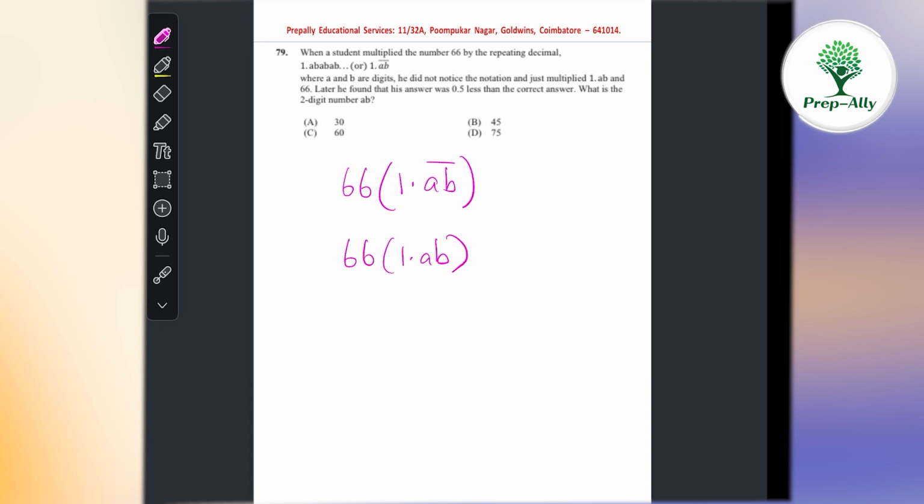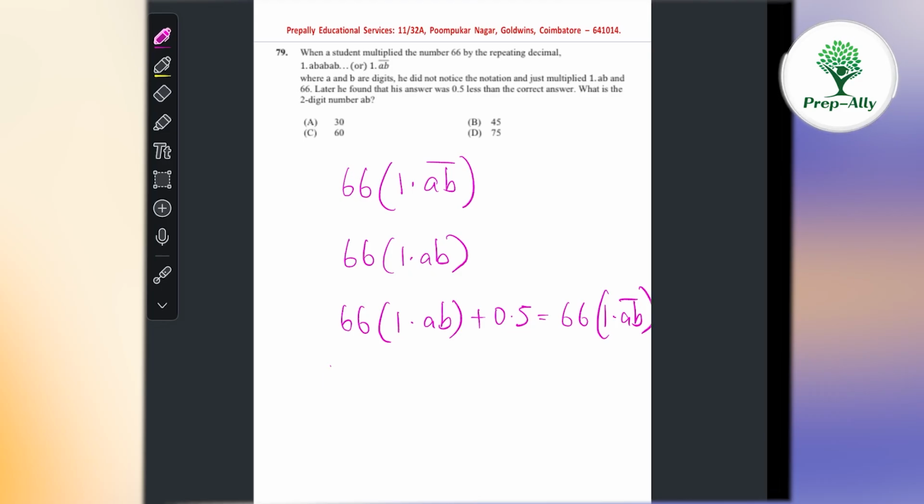And he found that his answer was 0.5 less than the correct answer. So the correct answer is this, and this is 0.5 less than the correct answer. So 66 times 1 point AB plus 0.5 will be equal to 66 times 1 point AB bar, right?